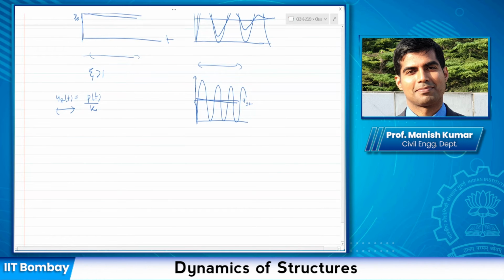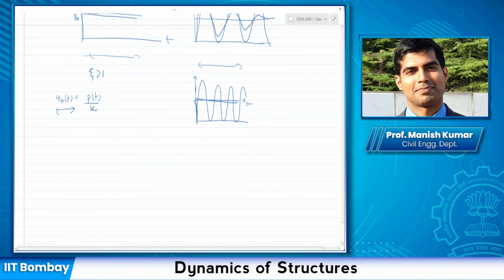In the non-periodic case, there won't be resonance, right? Yes, because resonance happens when one frequency matches with the other frequency. We still have the structure frequency here, but the applied load is non-periodic or non-harmonic, so there is no frequency of the applied load as such.